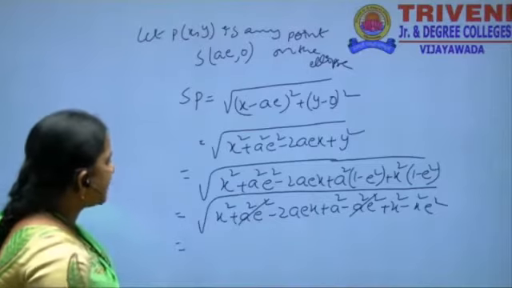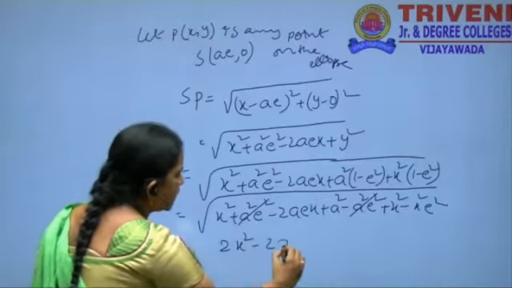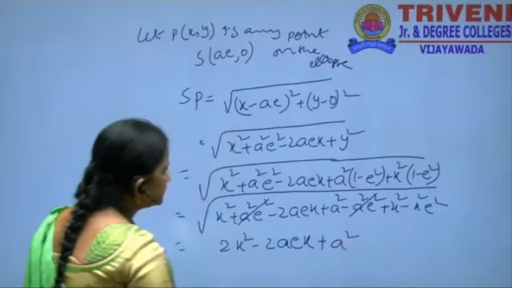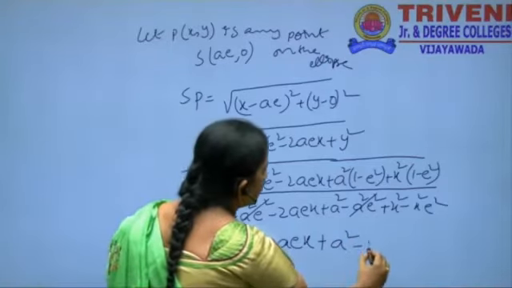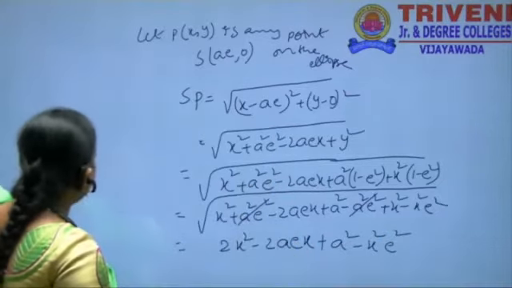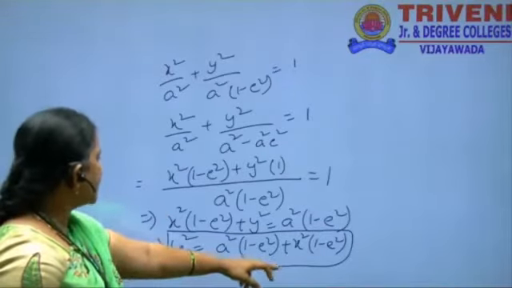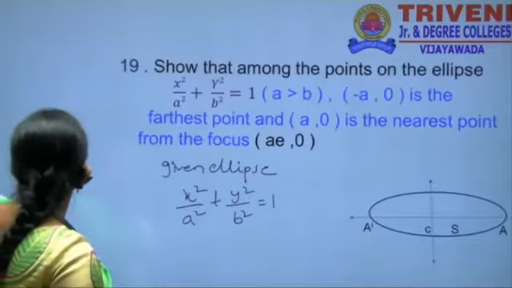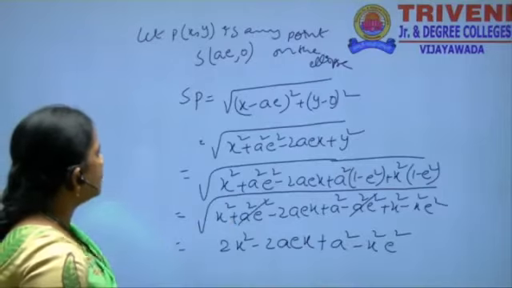x square plus x square is 2x square, minus 2aex plus a square, here plus minus x square e square. Then substitute the value of a square into (1 minus e square) plus x square into (1 minus e square) in place of y square.